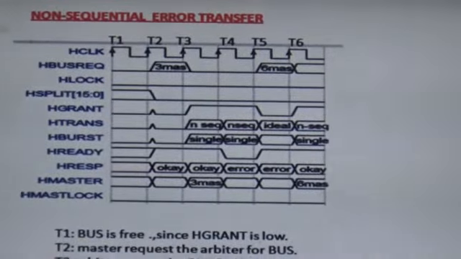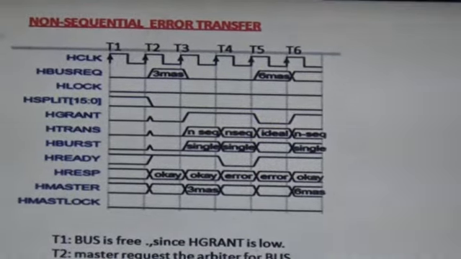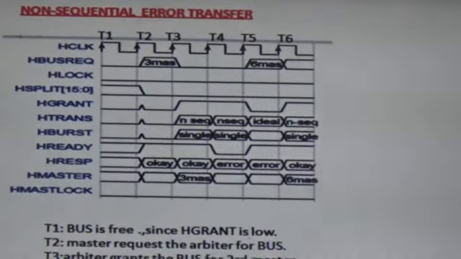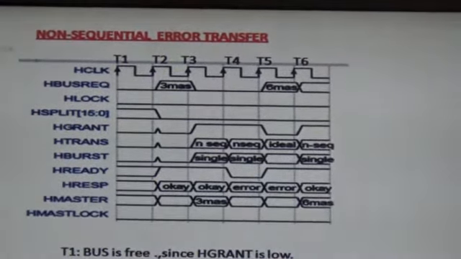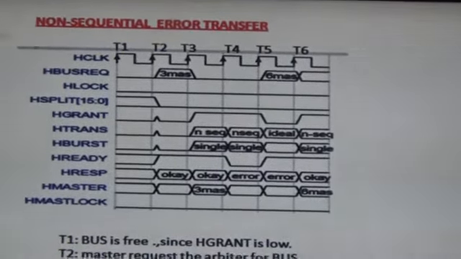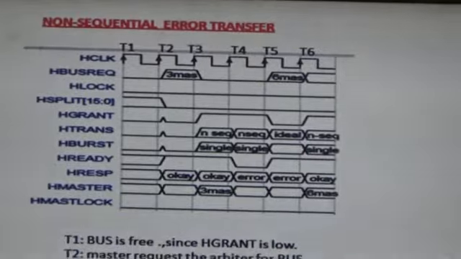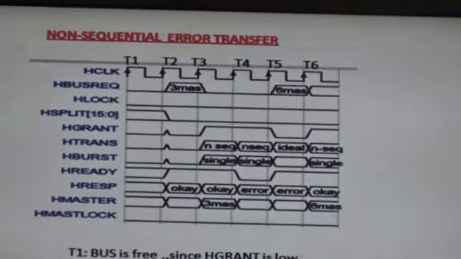Non-sequential error transfer is completely different from split and retry. In an error transfer, for the master for which the slave responds with error, the arbiter doesn't allocate the bus to that master. It will allocate the bus to that master only after all the completed bus requests are made to the arbiter.